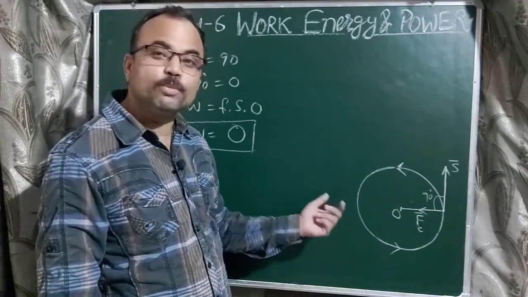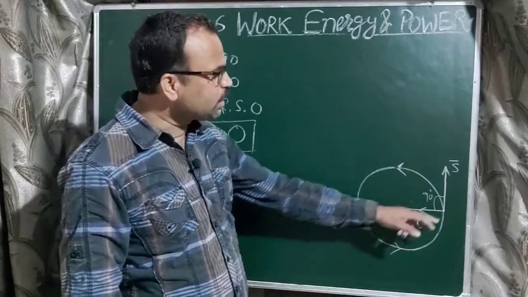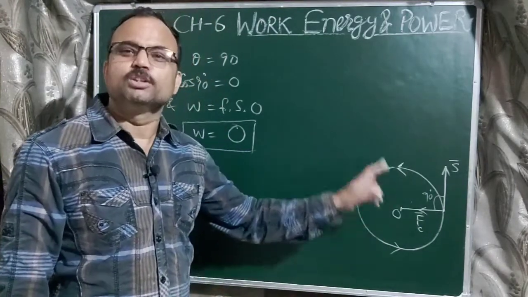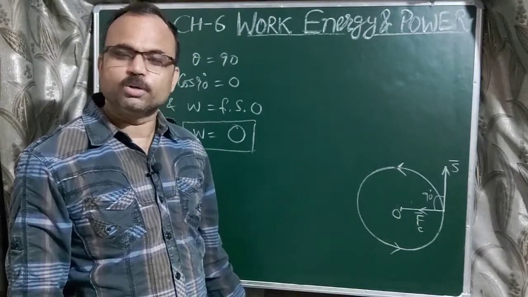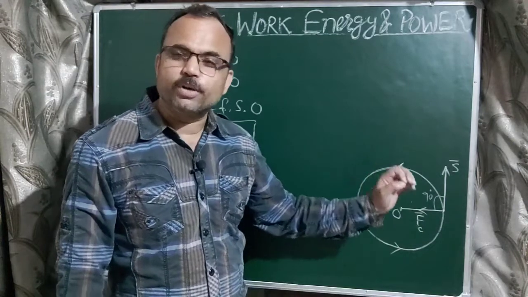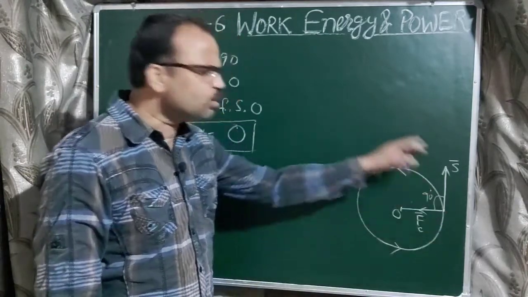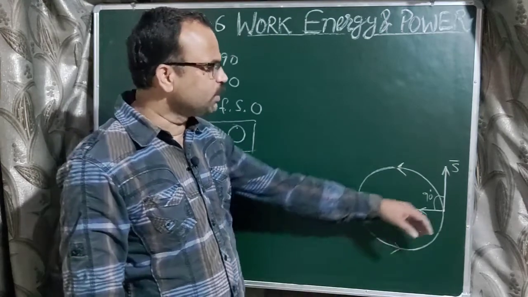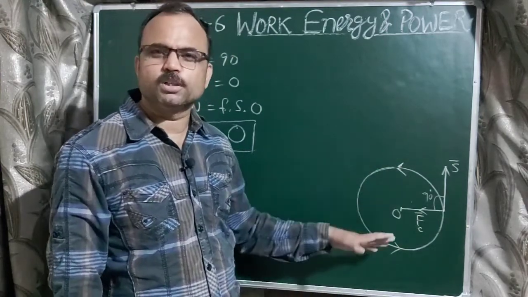Either the body completes 1 revolution, half revolution, 1/4 revolution, or 3/4 revolution, the angle between force and displacement is always 90. So work done in case of a circular path will be 0, whether the body completes a full rotation or half rotation.